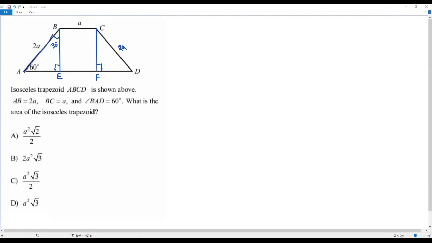So this is a special right triangle, a 30-60-90 special right triangle. In a 30-60-90 special right triangle, we consider the side opposite to the smallest angle as the shortest leg. Here in this triangle, the side a is opposite to the smallest interior angle, 30 degrees. So this is the shortest leg, and we assume x as the length of the shortest leg.